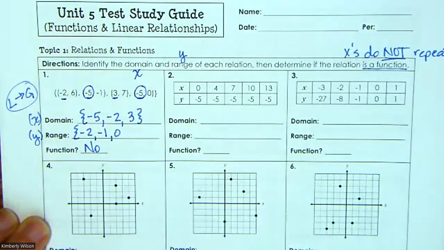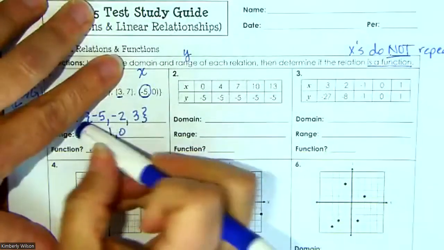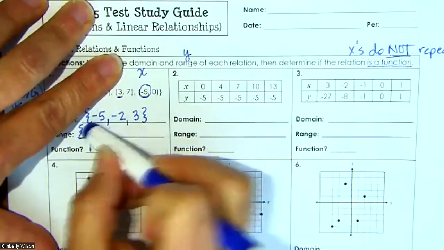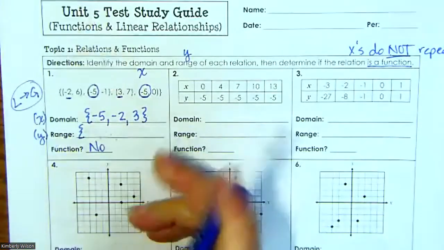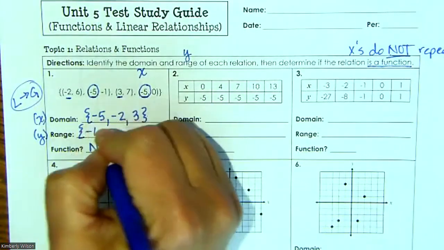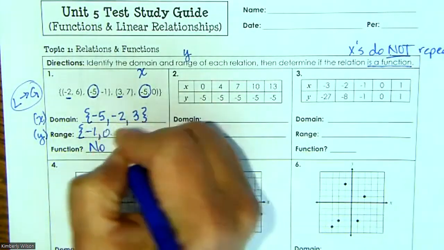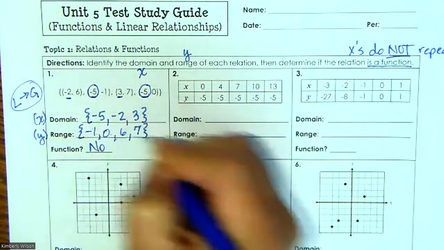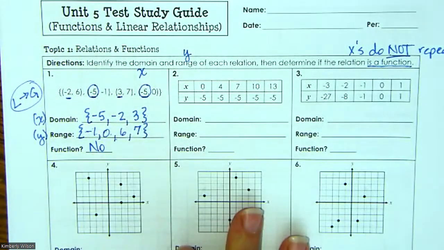It makes much better sense if you do the right numbers, Miss Wilson, and not mix up the X and the Y's. Here we go. Let's try this again. So I'm looking at, it's going to go -1, comma, 0, comma, 6, comma, 7. There we go. Now that's the correct range, which is very common to go through and mix them up. So double check like I did.